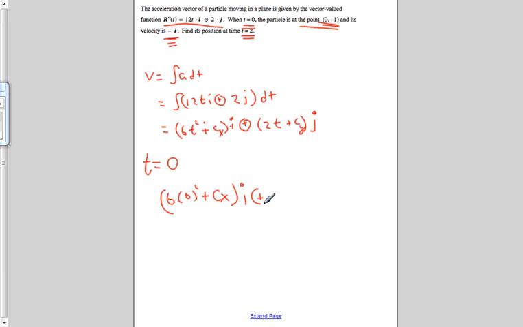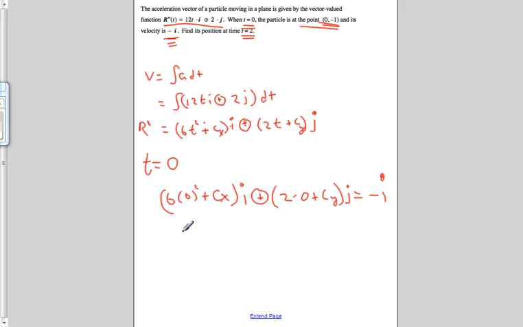So I'm putting 0 into my velocity, or my r prime function, plus 2 times 0 plus cy j. That's my velocity at time equals 0, and we know that it should be negative i.